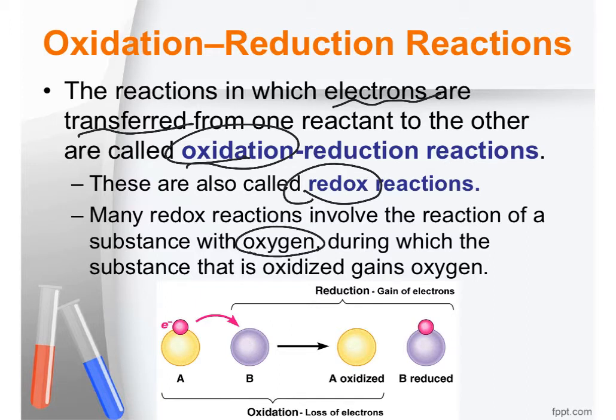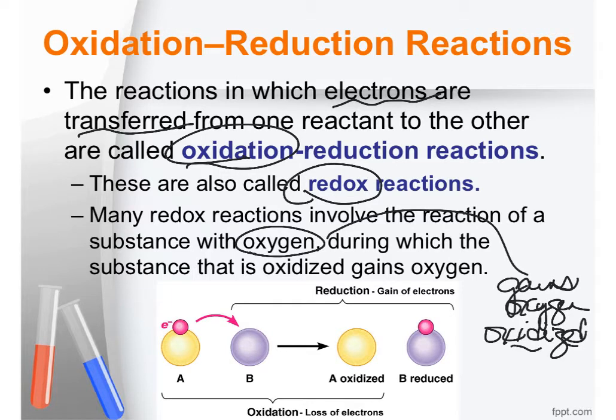So in general, if they are reacting with oxygen, the substance that gains oxygen, we say, has been oxidized, which makes sense, right? But the definition of the type of reaction has expanded, so they do not all involve oxygen.